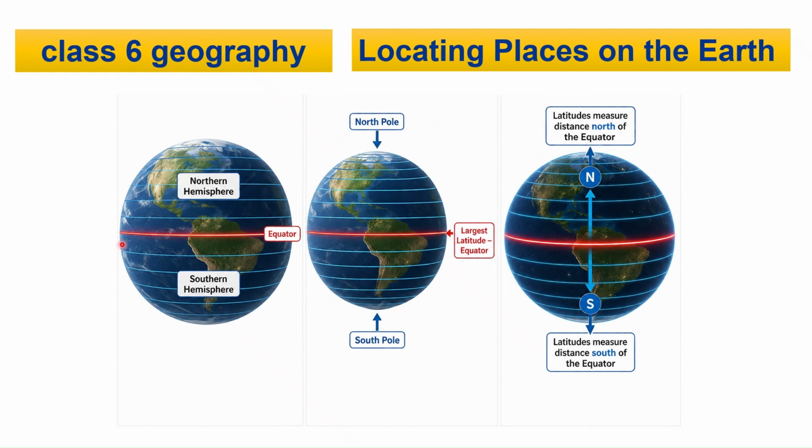And the equator divides the earth into two parts, the northern hemisphere and the southern hemisphere. There are 90 degree North Pole and 90 degree South Pole. These are points, not circles. So latitudes are circles drawn from east to west.